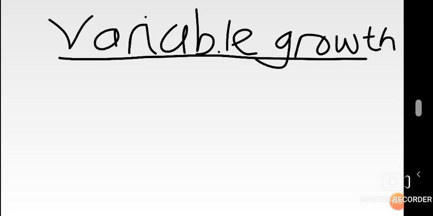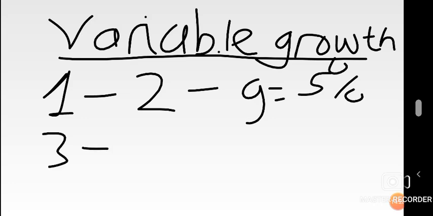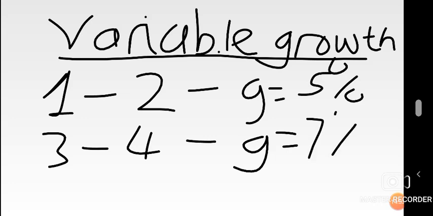So usually a question on variable growth, you will be noticing such kind of scenarios, and let me even show you. When you see such questions, you are never lost. They will be telling you, maybe from year 1 to year 2, the growth rate was equal to 5%. Year 3 to 4, the growth rate is now 7%.